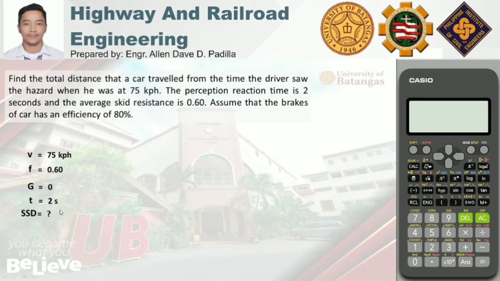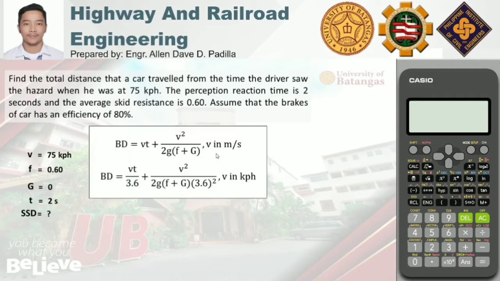So, what we are looking for is the stopping sight distance. So we have VT plus V squared over 2g multiplied by F plus G if in meters per second, and VT divided by 3.6 plus V squared over 2g multiplied by F plus G times 3.6 squared if the velocity is in kilometers per hour.